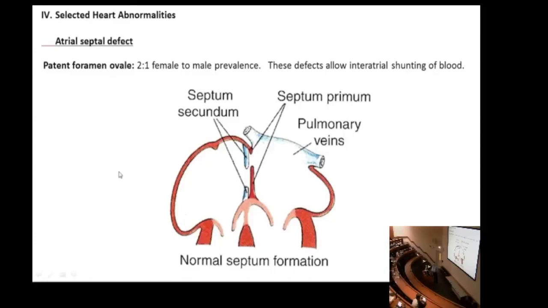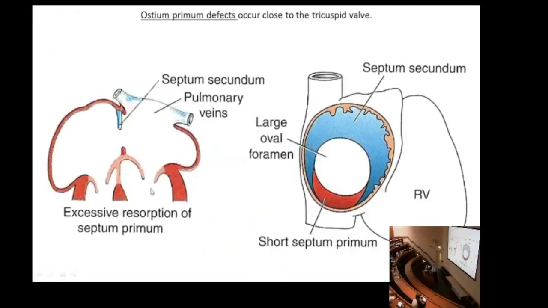There are two types, a septum primum and a septum secundum type defect, or ostium primum and ostium secundum. The ostium primum defects occur close to the tricuspid valve, okay? And because of that, they're a little more complicated to fix.